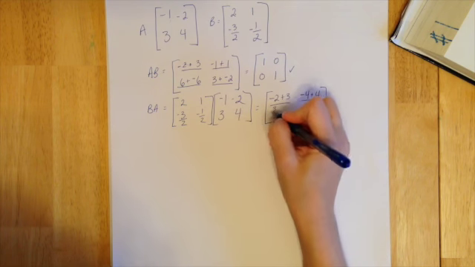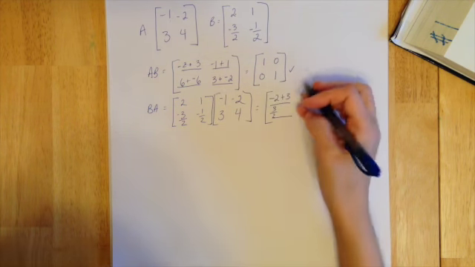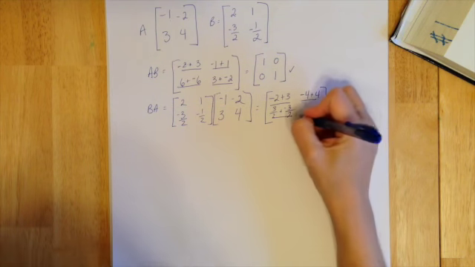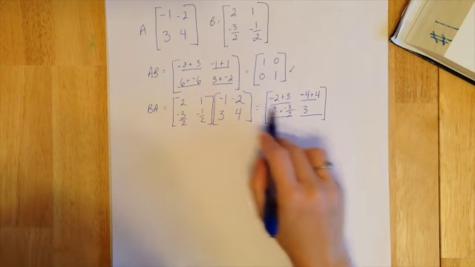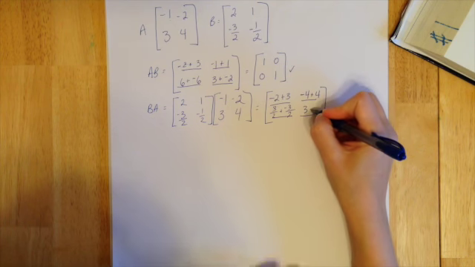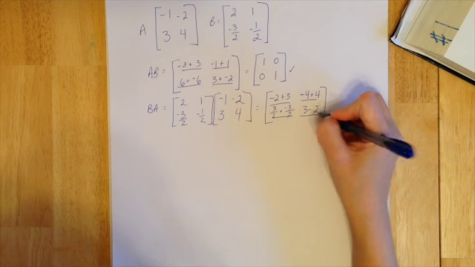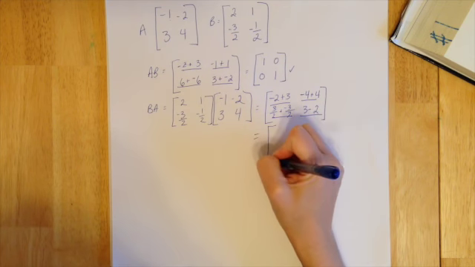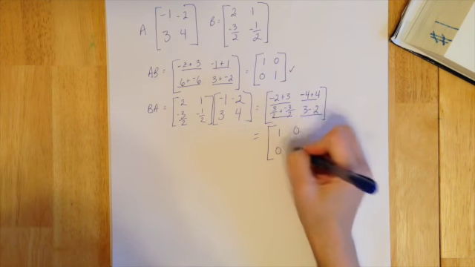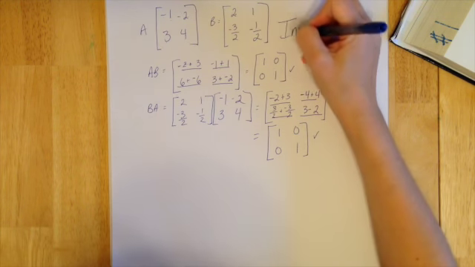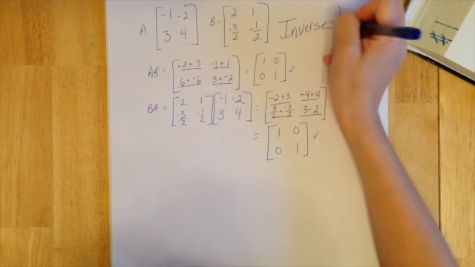Second row, first column, 3 halves plus negative 3 halves. And the second row, second column, 3 minus 2. So 1, 0, 0, 1. Check. These two are indeed inverses.